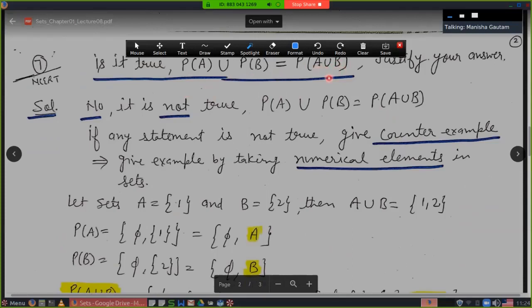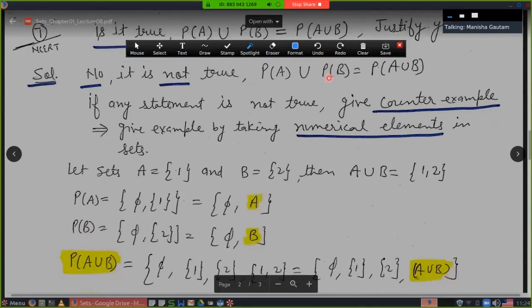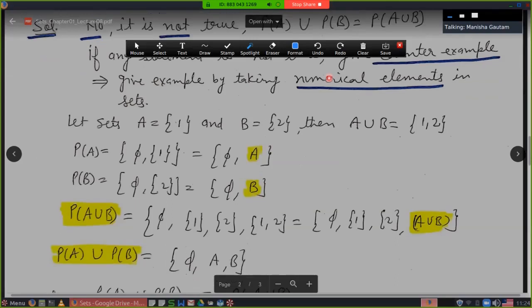As you know, power set is the set of all subsets. If I want to calculate the power set of A, you have to put all subsets of set A in that set. Set A is having element 1, so 2 to the power 1, it means the number of subsets is 2 only: the empty set and the set itself.